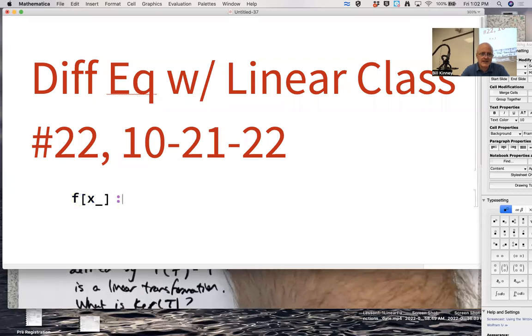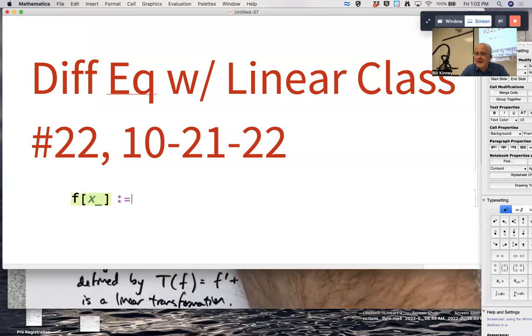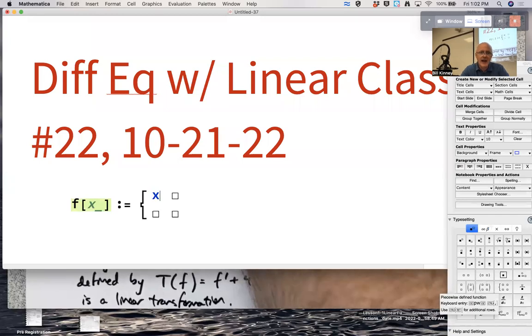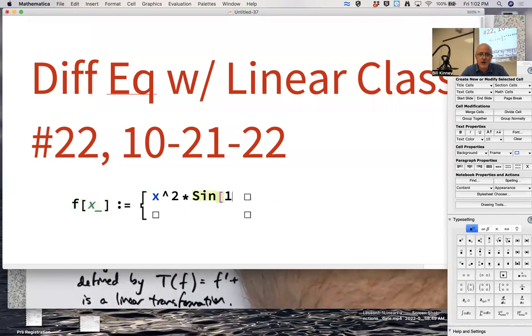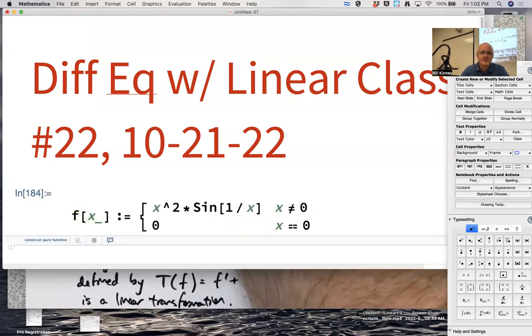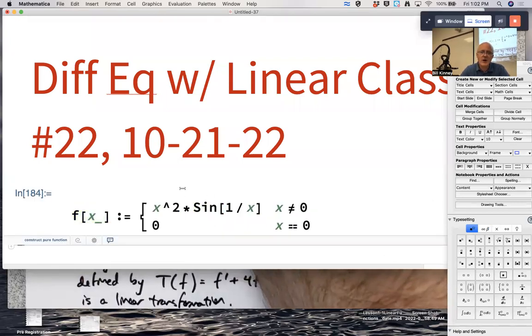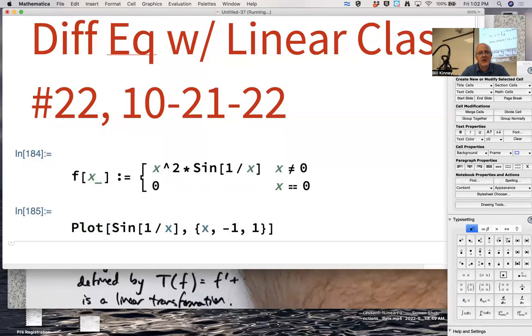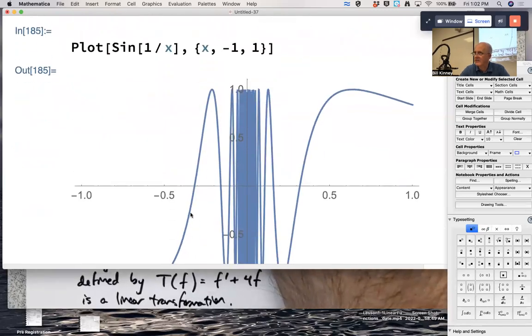The most prominent example I can think of is a piecewise function that's defined to be x squared times sine of 1 over x when x is not 0, and 0 if x is 0. You may note if you plot sine of 1 over x near 0, you get a graph that oscillates infinitely often.